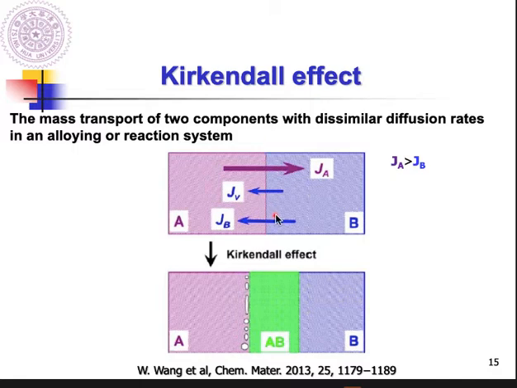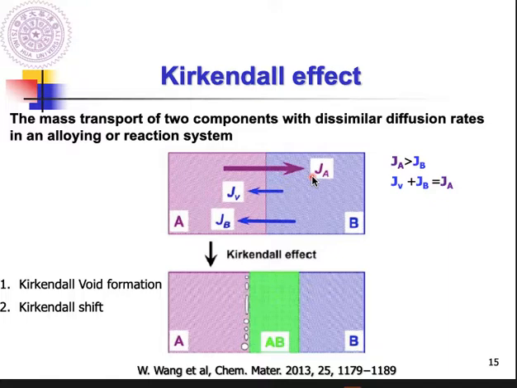Because JA is larger, there's a vacancy flux to compensate JA, right? So we get JV, the vacancy flux, plus the vacancy flux of B atoms, equals JA.